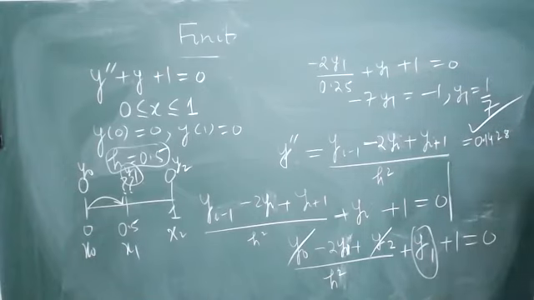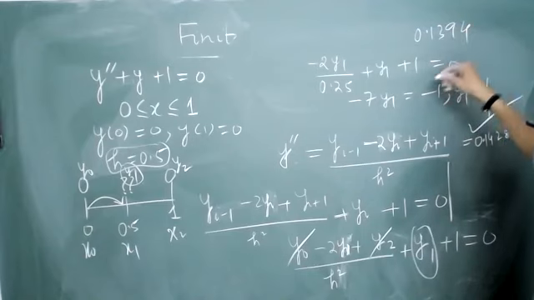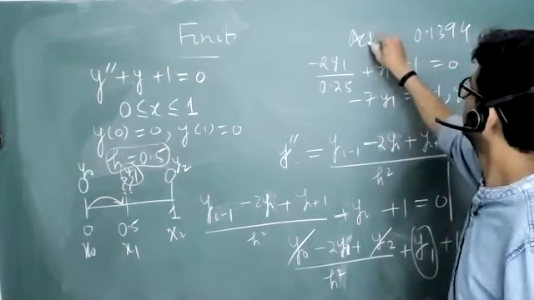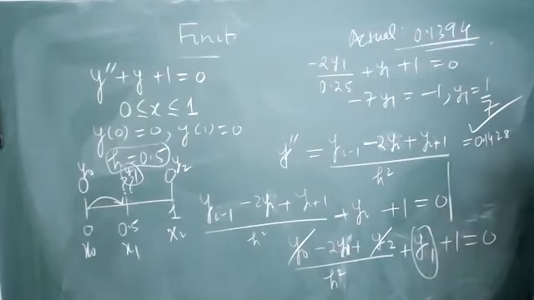Okay, and the actual value from the equation that I gave you comes out to be 0.1394, the actual solution. So they can just ask you to calculate the percentage error for this grid.